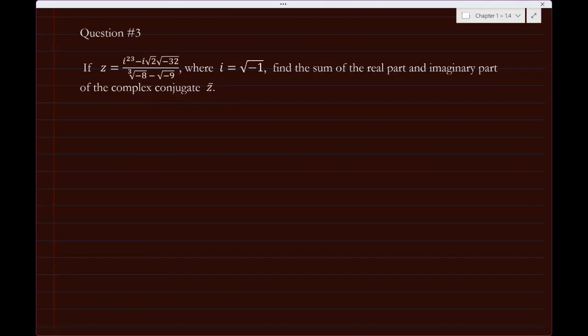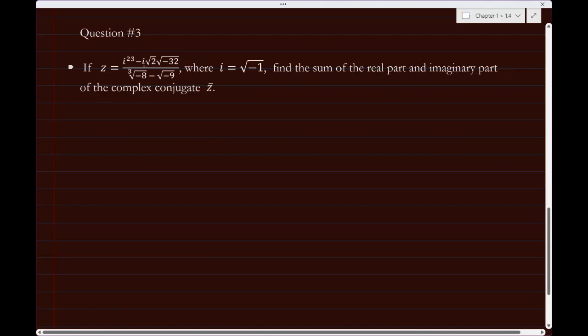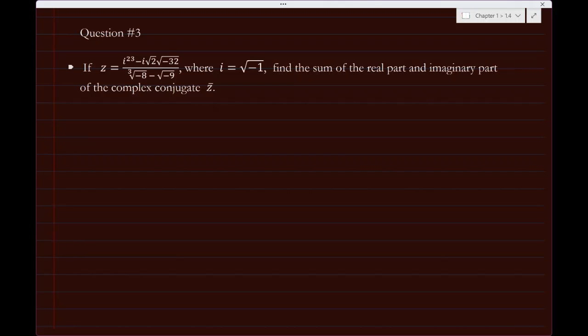We have a complex number z, which is i to power 23 minus i root 2 times root of minus 32, divided by the cube root of minus 8, minus the root of minus 9. But i here, we know, is the square root of minus 1. The question is that we should find the sum of the real part and the imaginary part of the complex conjugate, z bar.